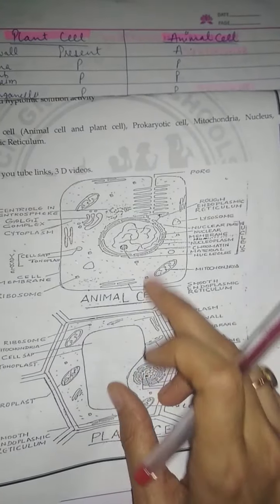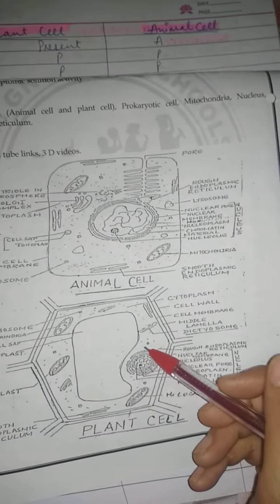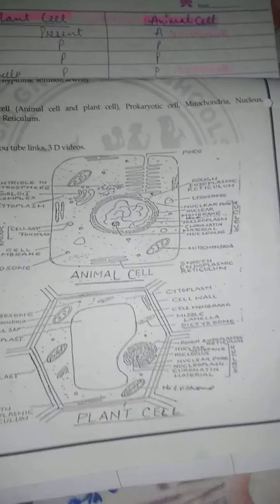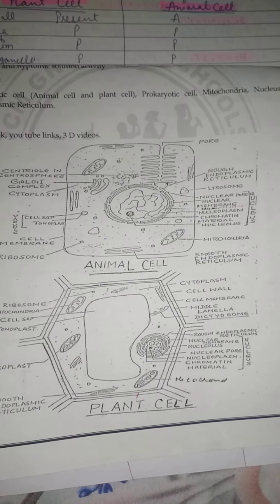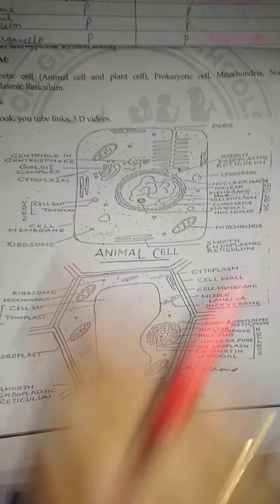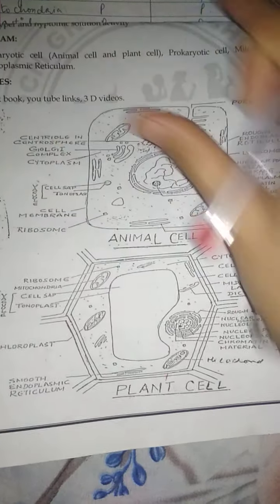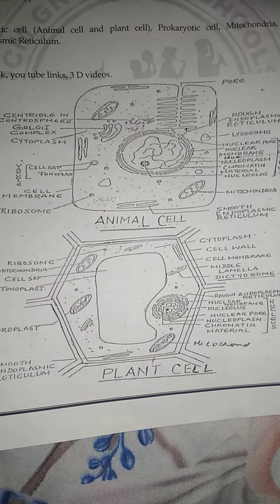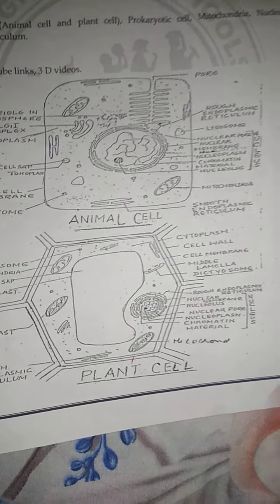Cytoplasm is also present in both. Cell organelles are also present in both cases. Next is mitochondria. Mitochondria is present in both animal cell and plant cell.